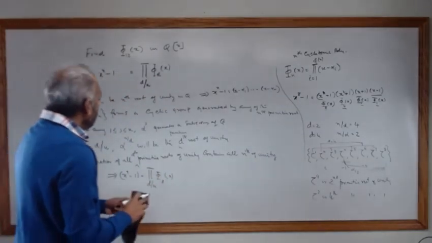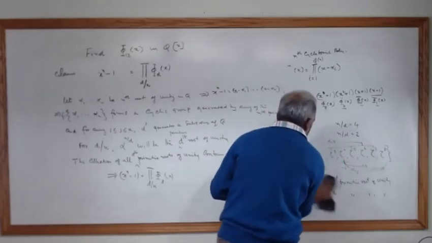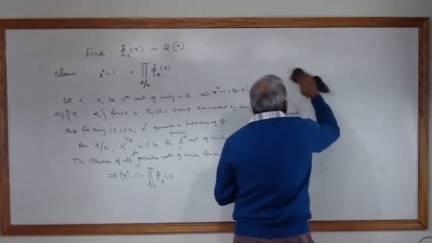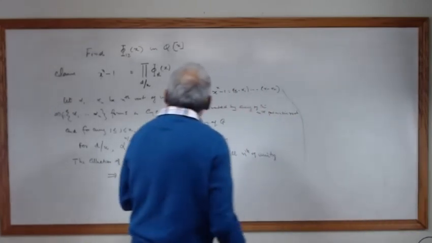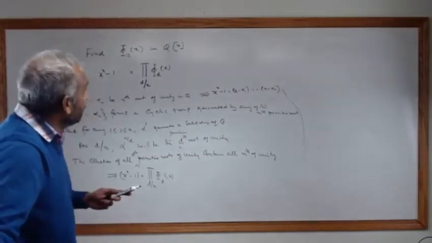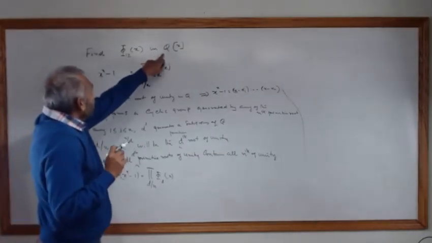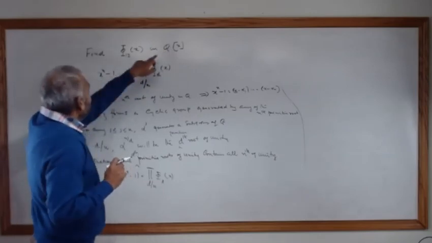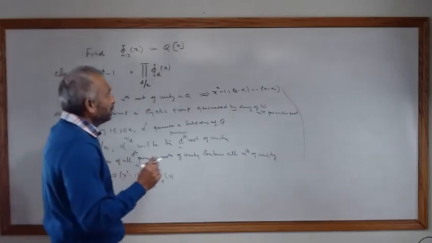Okay. Now, using this result, let us compute the 12th cyclotomic polynomial. This happens when the characteristic of the field does not divide n. But here the characteristic of the base field is 0, so we are okay with that.